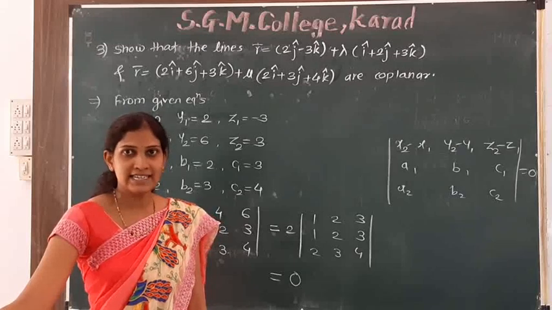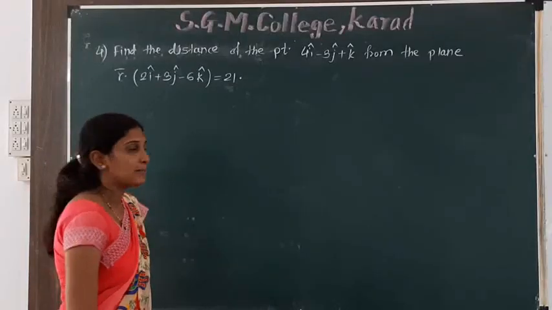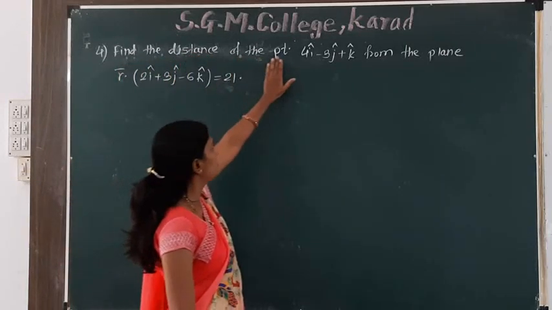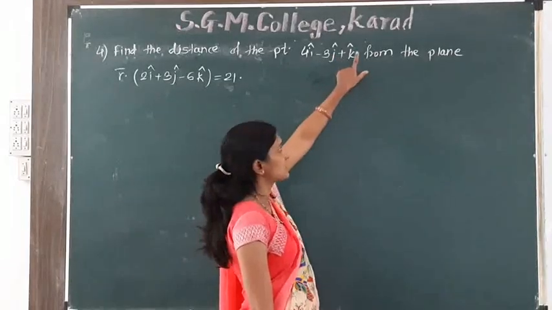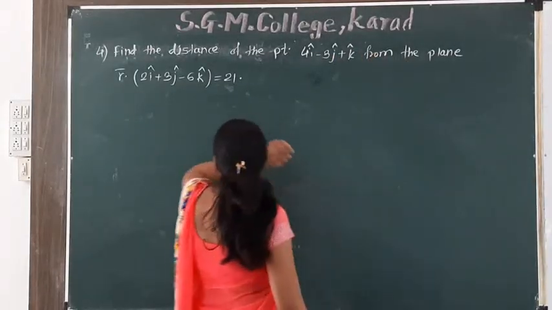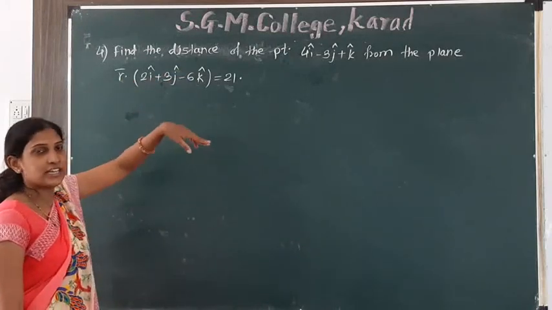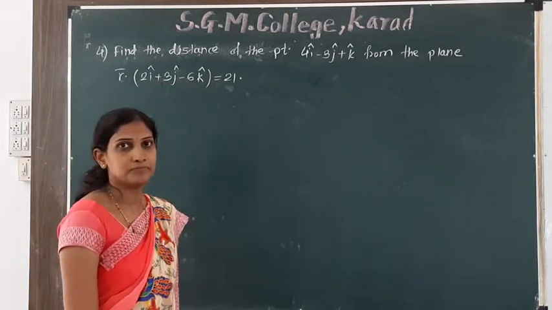Now, next example. Find the distance of the point 4i cap minus 3j cap plus k cap from the plane r bar dot 2i cap plus 3j cap minus 6k cap is equal to 21.